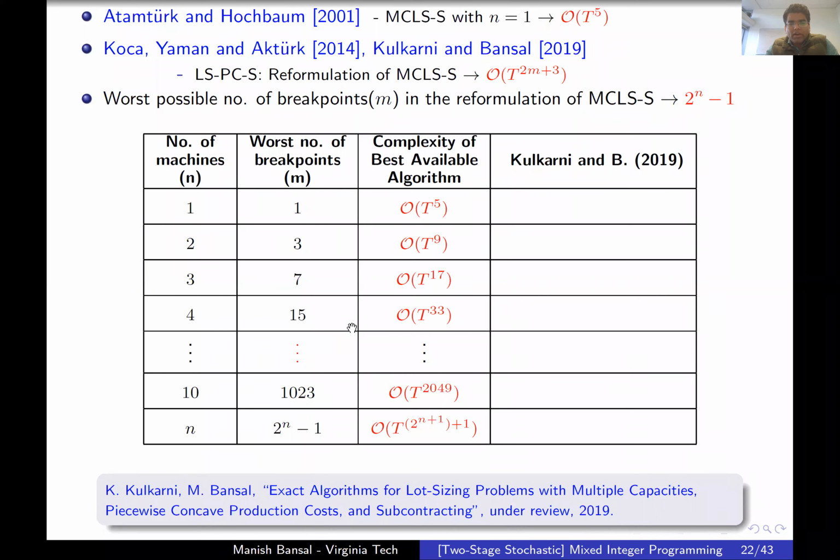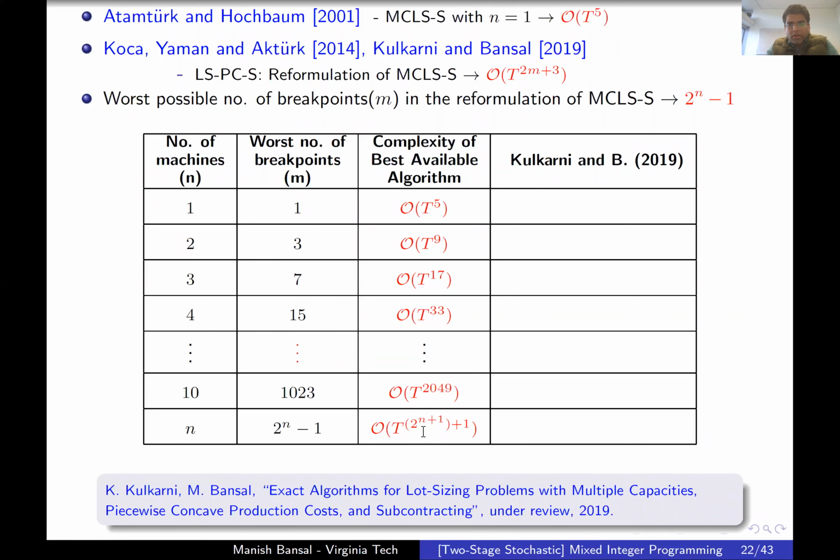The complexity for the problem with n equal to 4 will lead to, in the worst case, 15 breakpoints and will lead to an order of T to the power 33 algorithm. And in general, it will be T to the power 2 to the power (n+1) plus 1.